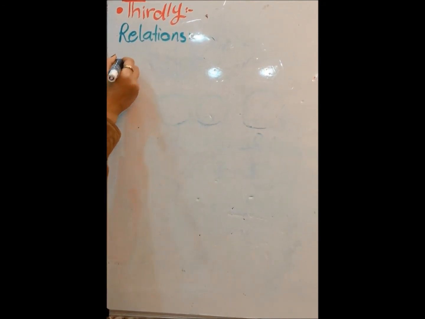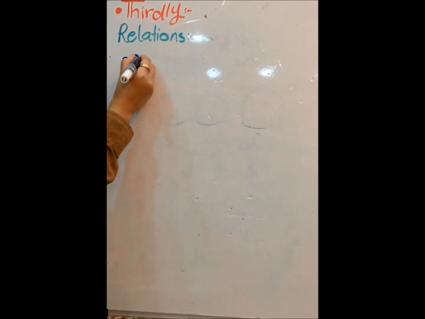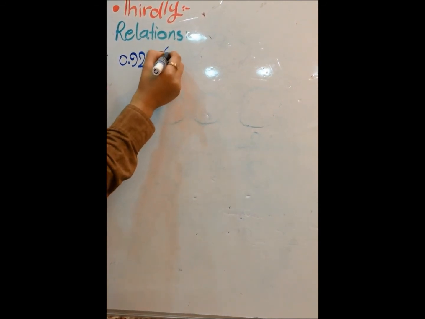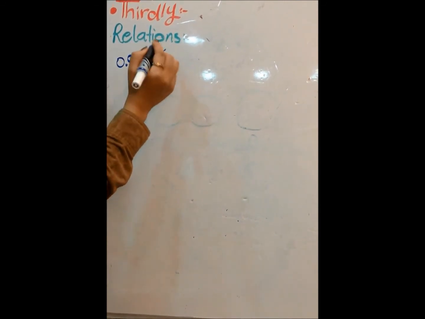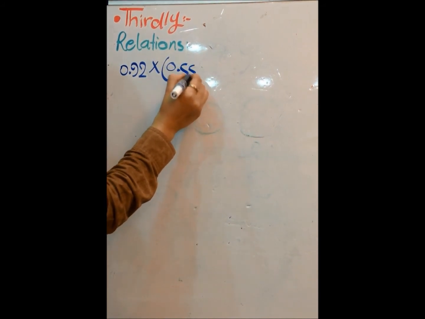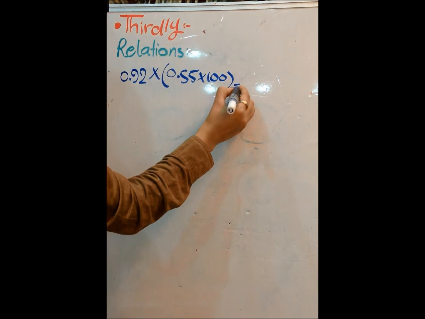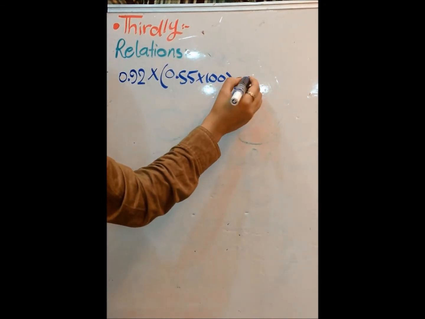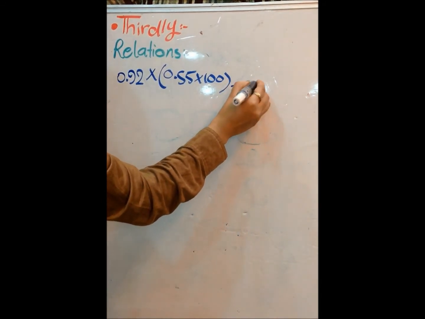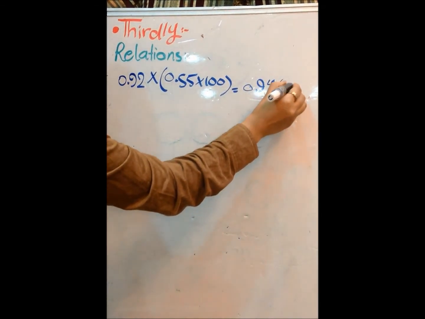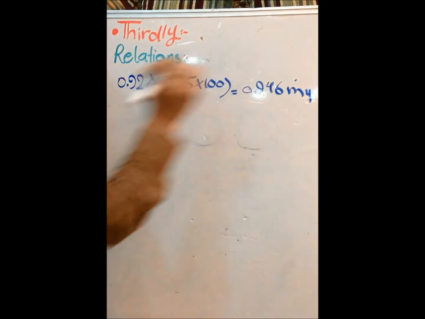So from that we can write the relation: 92% of the toluene in its original amount in the feed equals its composition in the fourth stream, which equals 0.946 times the mass flow rate of stream 4.